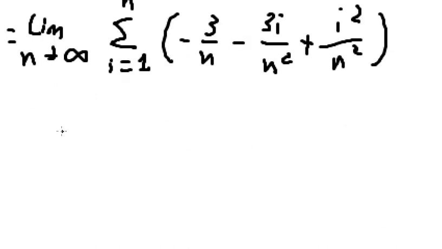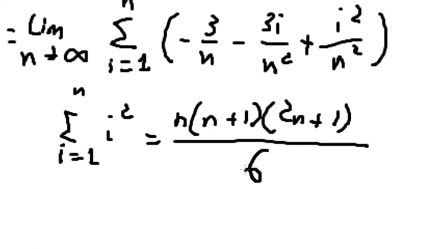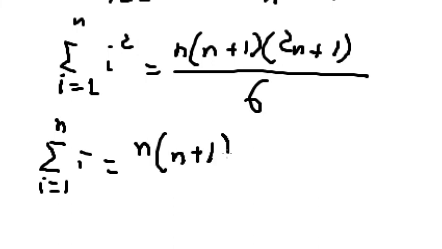So we have the formulas here. About i squared, we have n multiplied by n plus 1, 2n plus 1 over number 6. About i, we have n multiplied by n plus 1 over number 2.